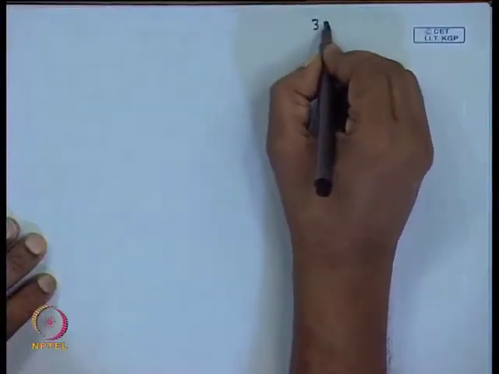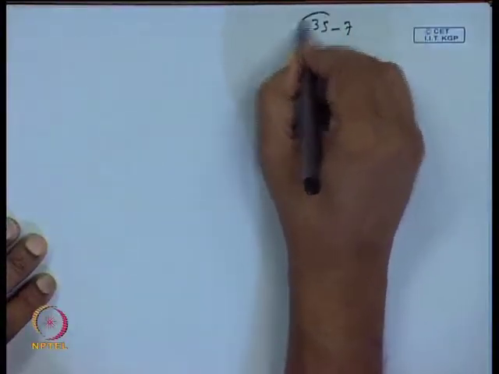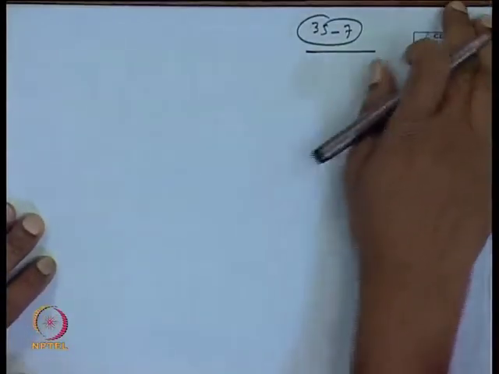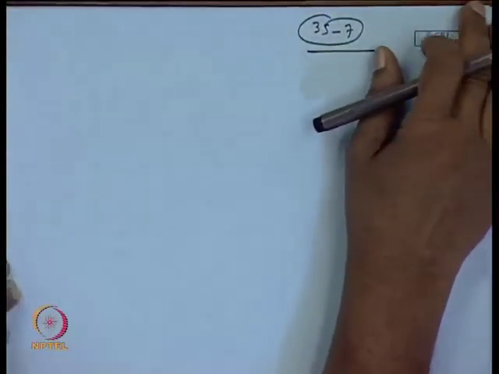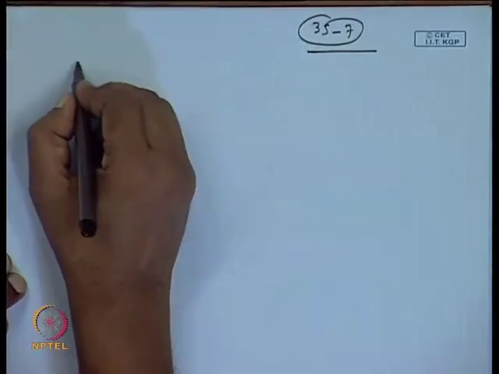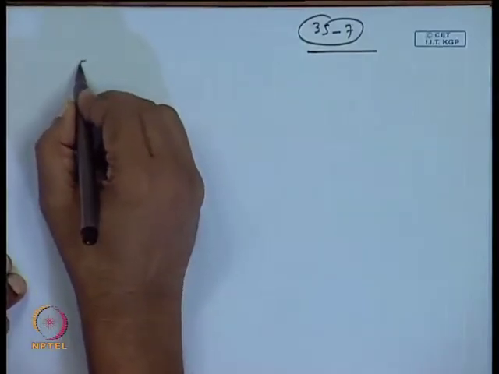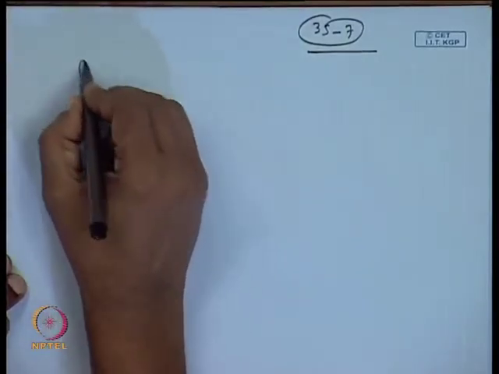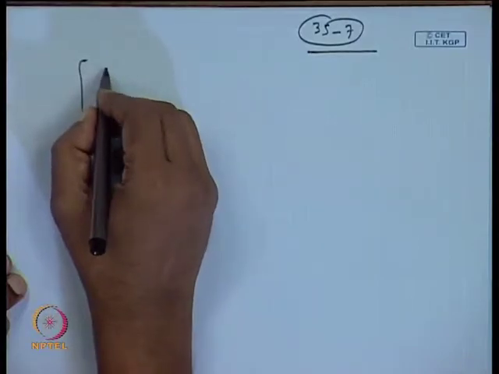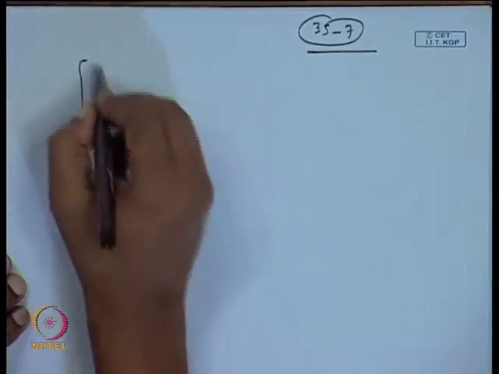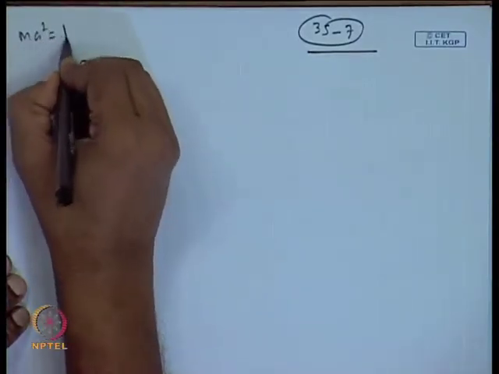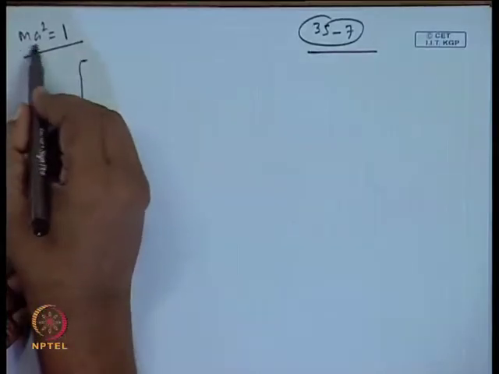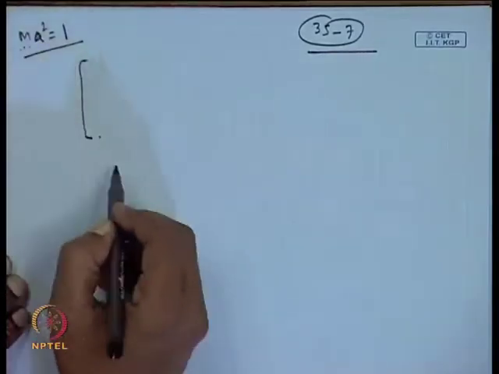Okay. Once we have done this, our next objective will be to find their corresponding directions. We know already that we have to solve for m a square, which has now been reduced to 1 because of choosing a as 1 unit and m as 1 unit.